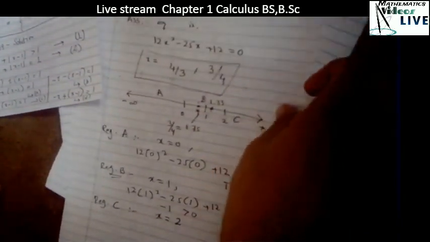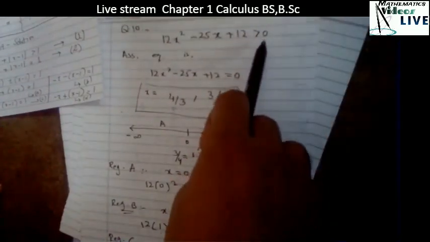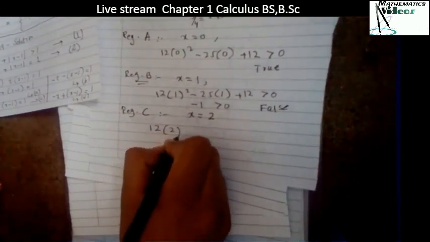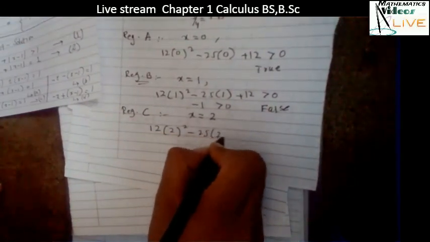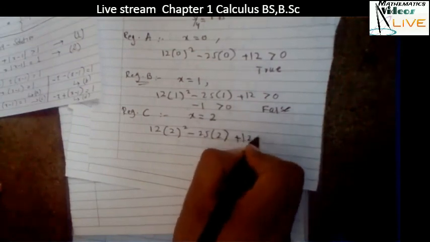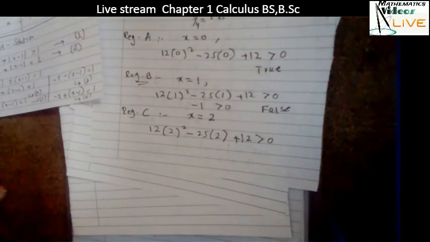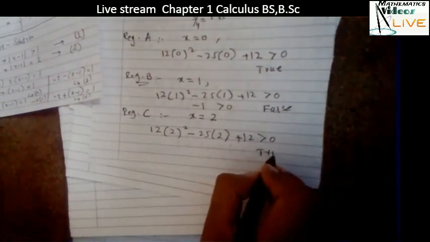The final one is region C. Region C includes 1.33 up to positive infinity. Therefore 2 lies in this region.